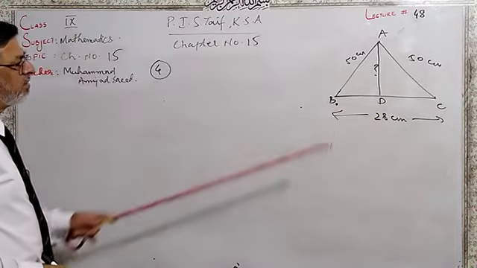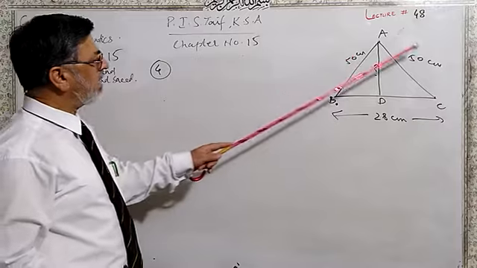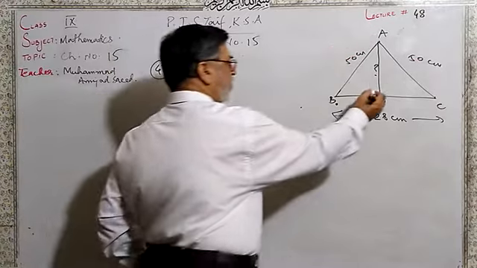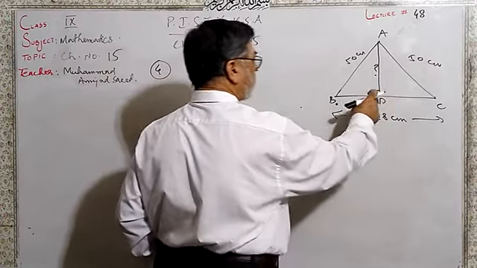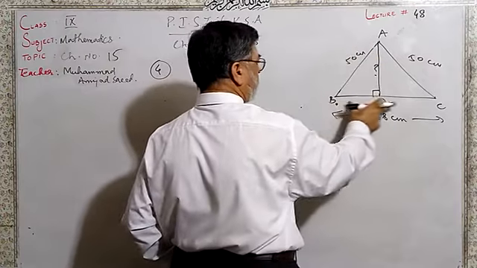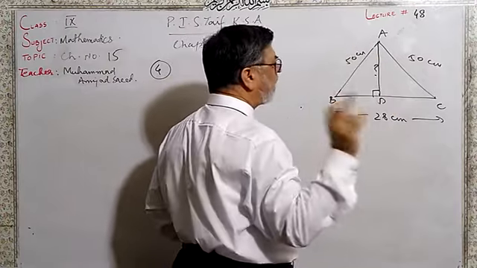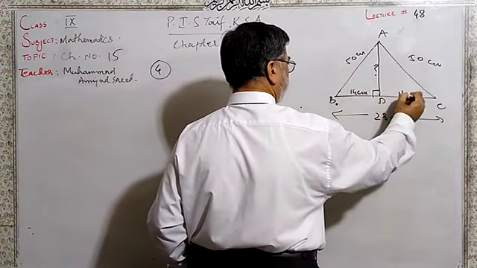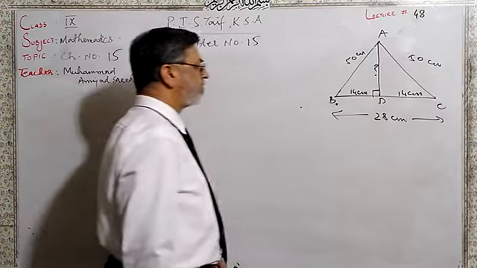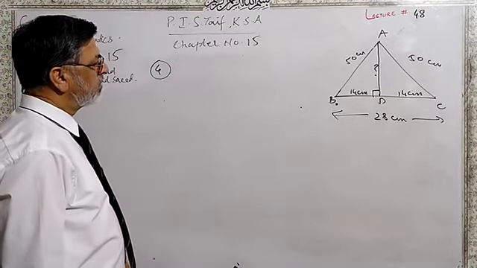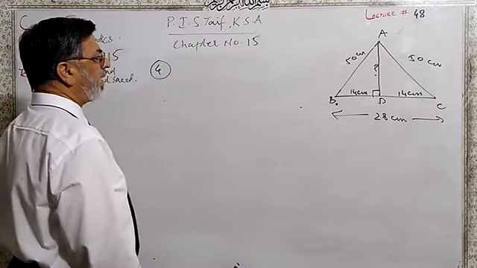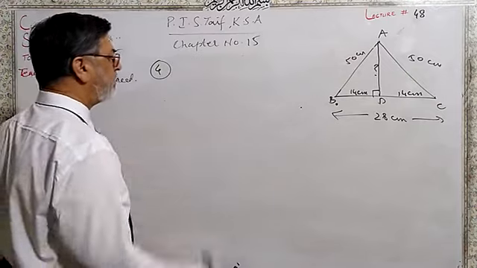Remember that these two sides are equal, isosceles triangle, and this perpendicular always divides this base into two equal parts. Two equal parts mean this is 14 centimeter, here is 14 centimeter.